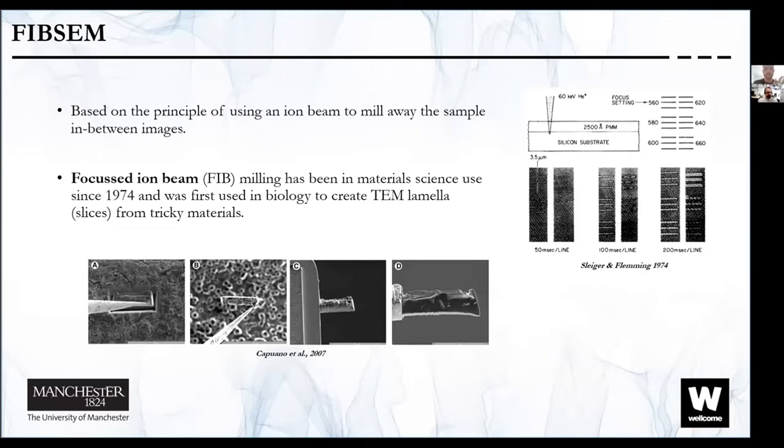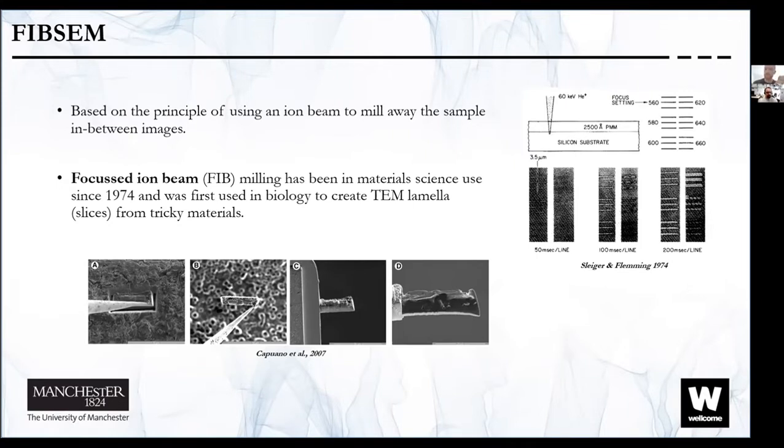So this concept of using a focused ion beam in electron microscopy has been around for a while. In fact, it was first used to get around a certain problem. Often we might want to do electron microscopy on samples that are really hard, like maybe bone or dentin. These samples you can't cut conventionally with an ultramicrotome for a transmission electron microscope because they're too hard and they'll damage your very expensive and precious diamond knife.